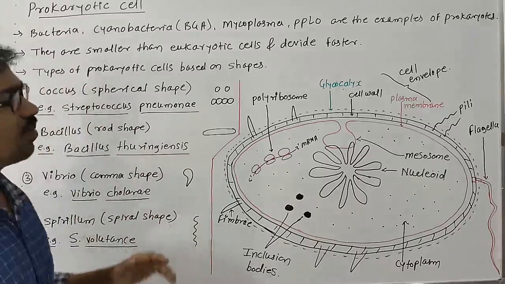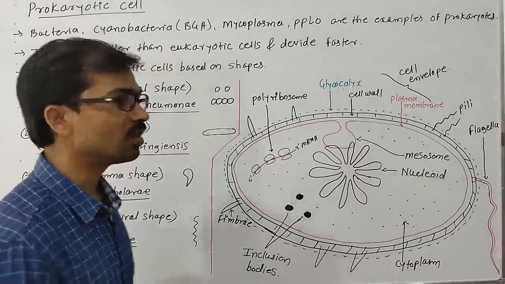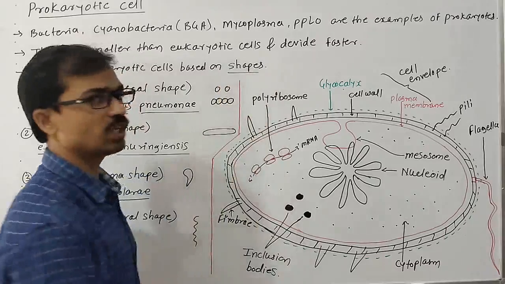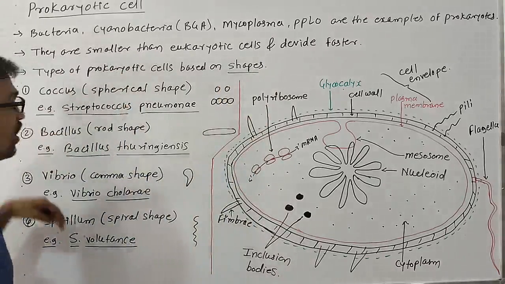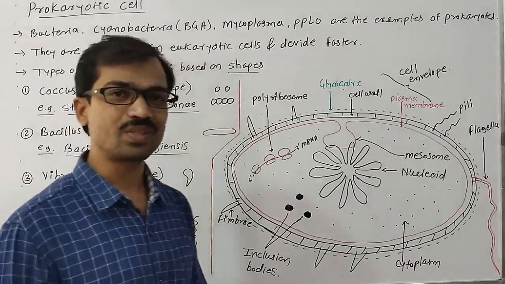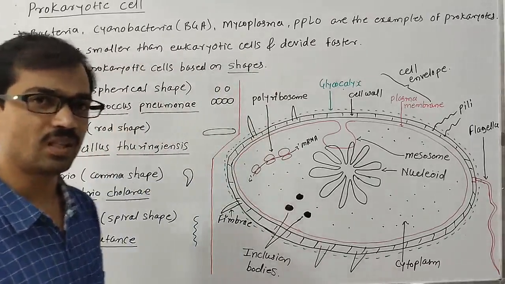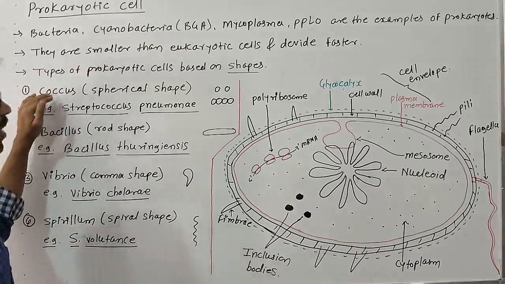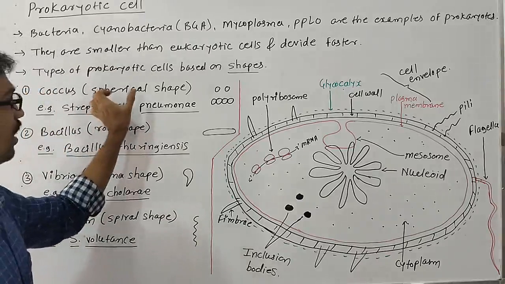There are types of prokaryotic cells based on their different shapes. Four different shapes are generally observed in prokaryotes. The first type is coccus, which is a spherical shape.